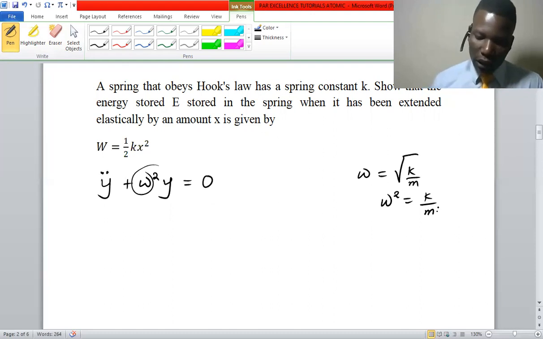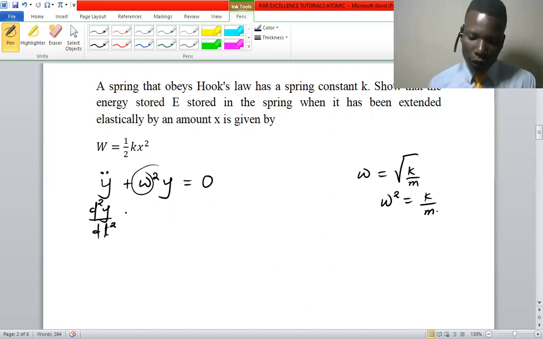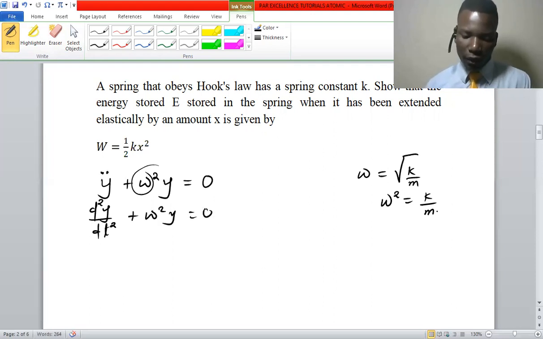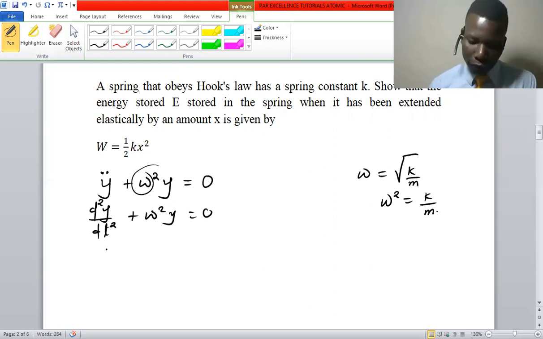I've said this means y has been differentiated twice with respect to time. So we have plus omega squared y equal to 0. Now we can write this in terms of velocity.